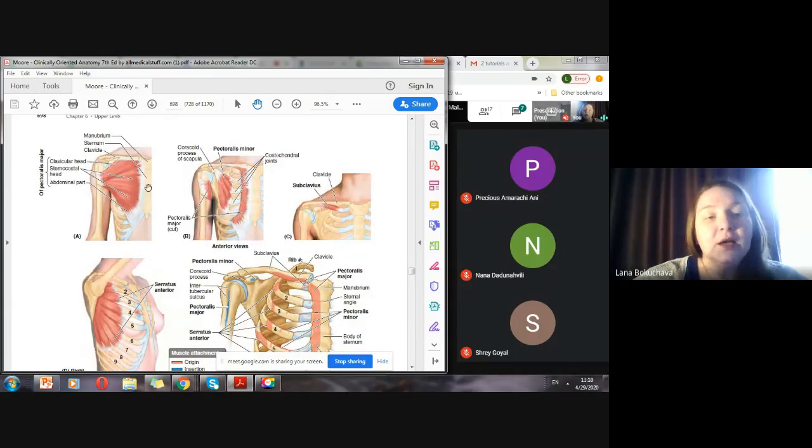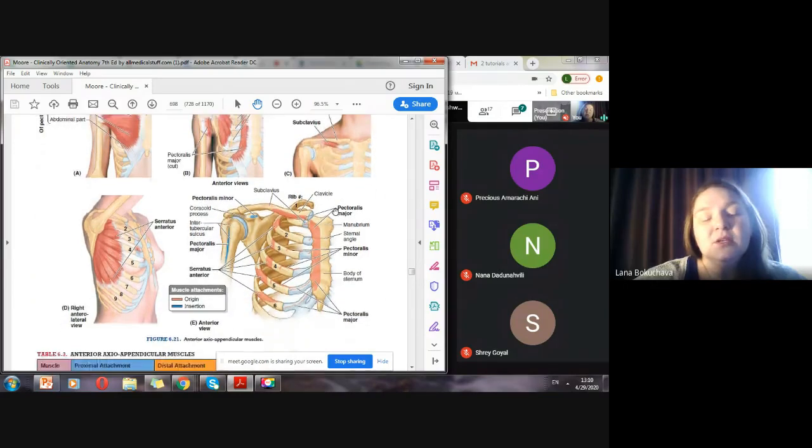That's how it looks. This is the pectoralis major muscle. Here you can see underneath it, under the pectoralis major, a cut of the pectoralis major on both sides. We have a structure which we call pectoralis minor. Here we have a very small muscle which we call the subclavius, and the last but not least, which you see on picture D, is the serratus anterior muscle. So let's go through each of them, and let's talk about what they are and what they comprise.